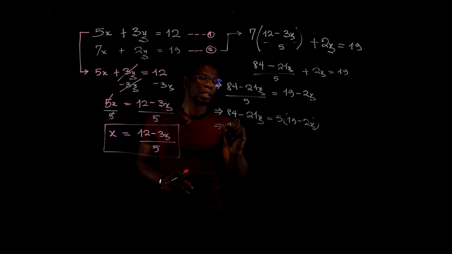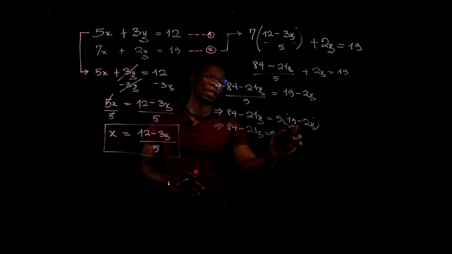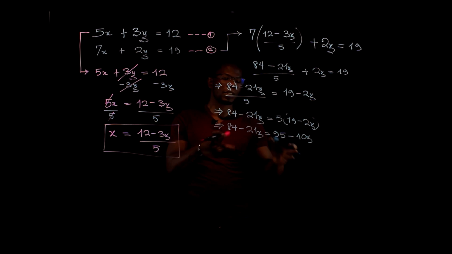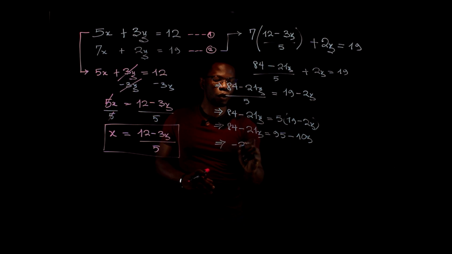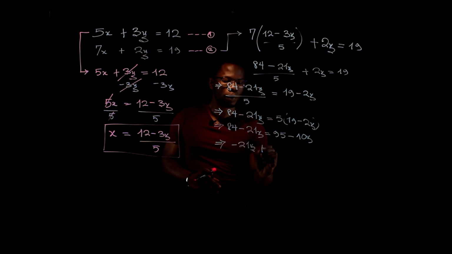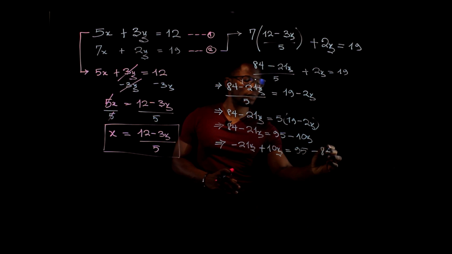And so 84 minus 21y equals 5 times 19, which is 95, and 5 times minus 2y equals minus 10y. So now we can collect like terms and solve for y. We'll have minus 21y on this side, and if we bring minus 10y over, that becomes plus 10y, equals 95. And if we bring 84 over to this side, it becomes minus 84.